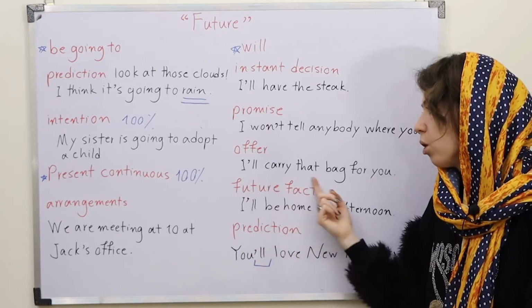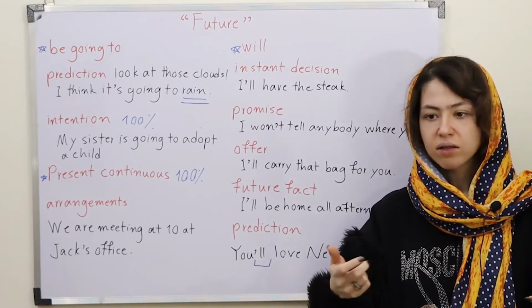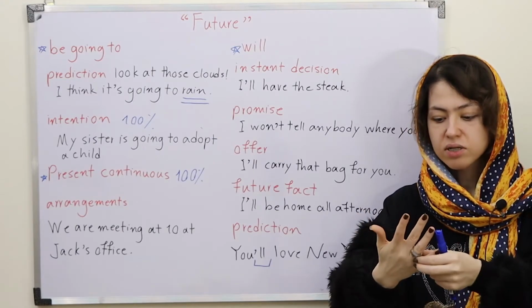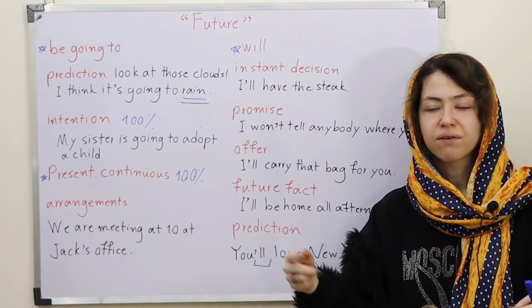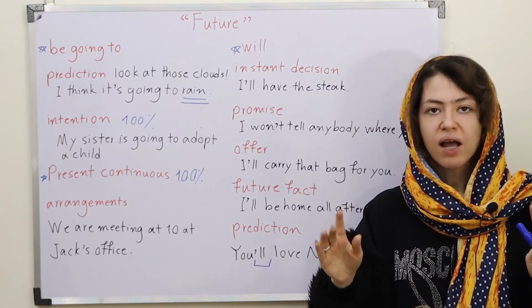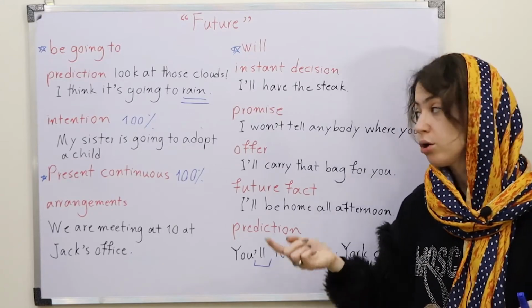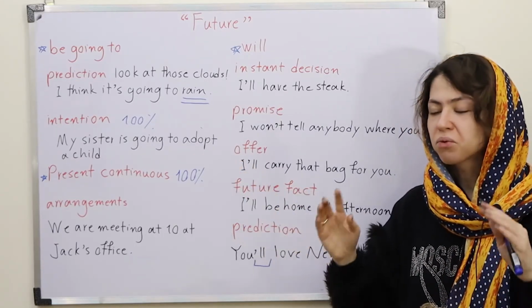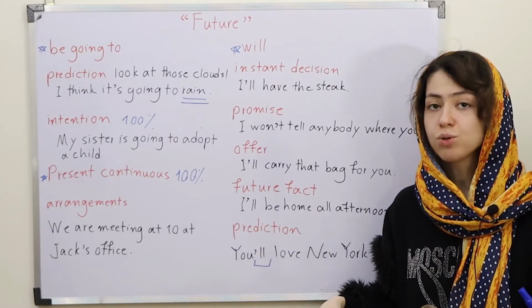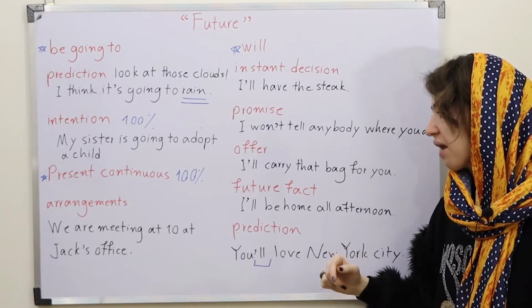Or I say, oh my God, my phone is turning off. And after that, my friend says, okay, don't worry, I'll call your mom and tell her about it. Offer. And I say, I'd be really thankful if you do so.